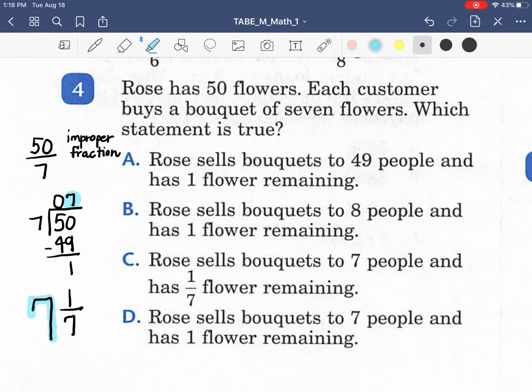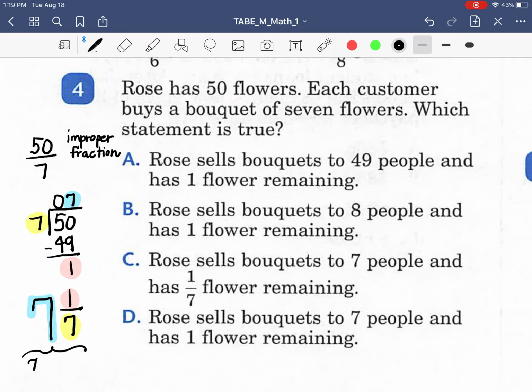Let me color them for you. This 7 becomes this 7. This 1 becomes this 1. And this 7 becomes this 7. 7 and 1/7.